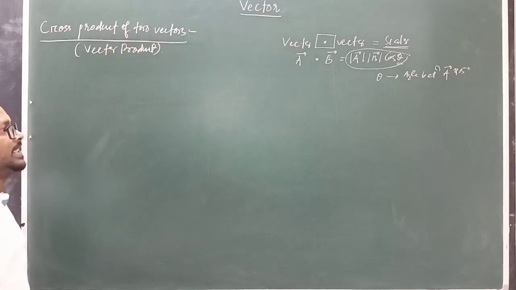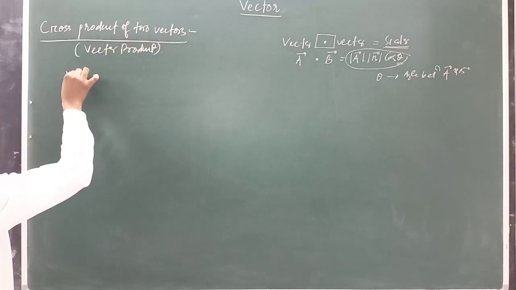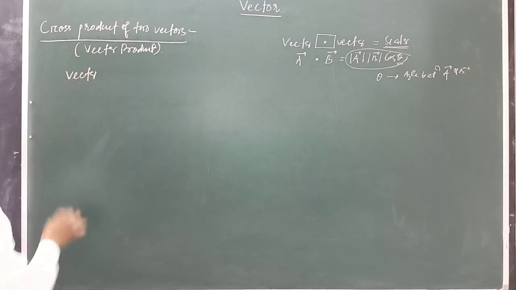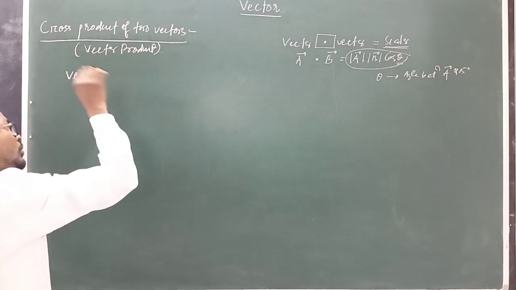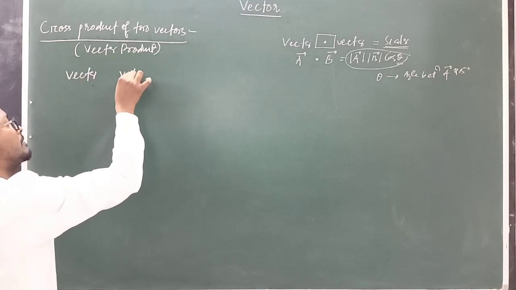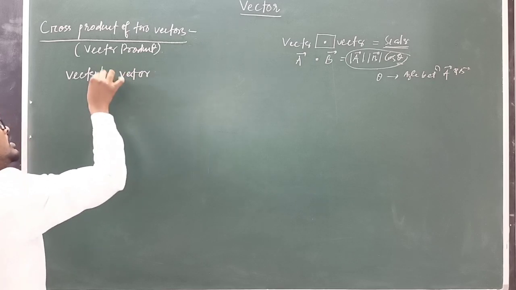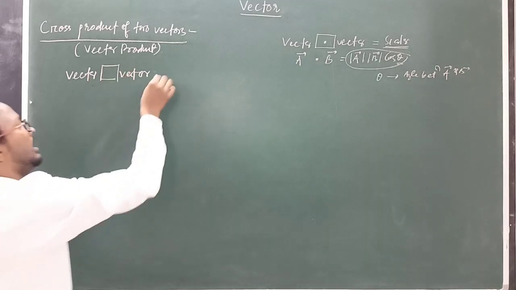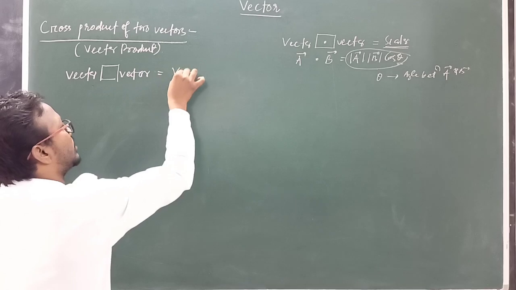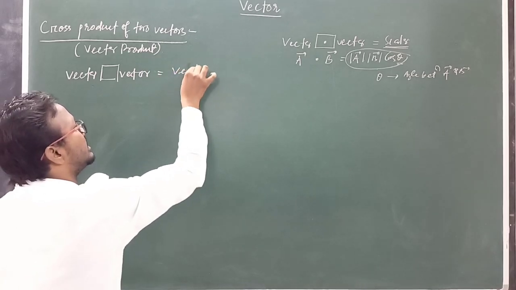Vector product of two vectors means we have to multiply a vector with another vector, and we have to use a cross sign here, and we have to calculate a vector quantity.